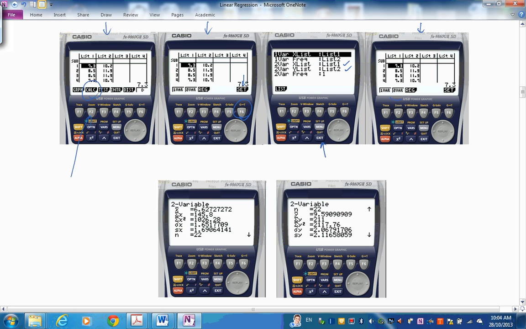Now we're ready to examine the 2 var statistics, which is hit F2, because we've set it up, and the first window starts off with x bar and all that, as usual. If you scroll down with F6 or the button here, then you will get this window over here, and there's y bar, or all the values you want about the y variable, the mean, standard deviation, all that. We're not going to use that in this course. So here we are.